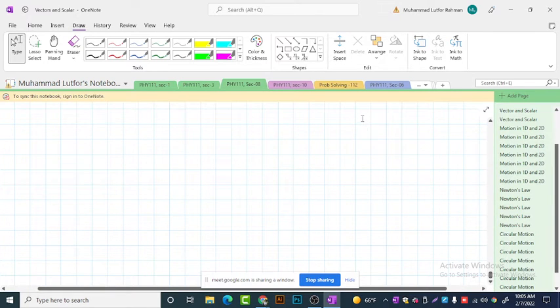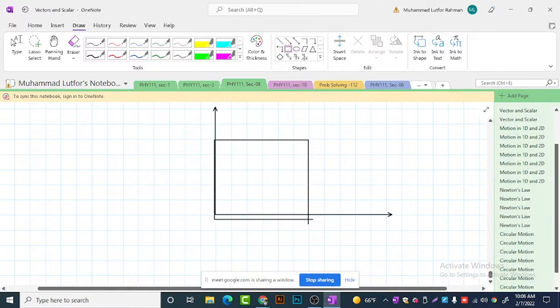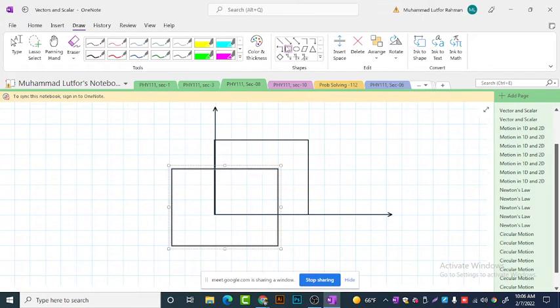Alright, let's consider a case like that. Say I have a cube.